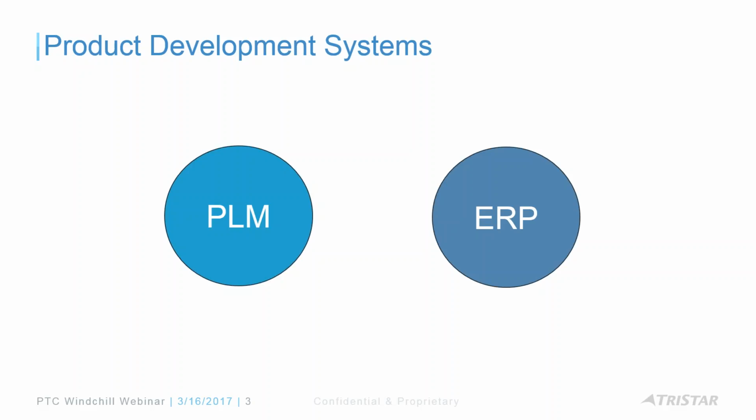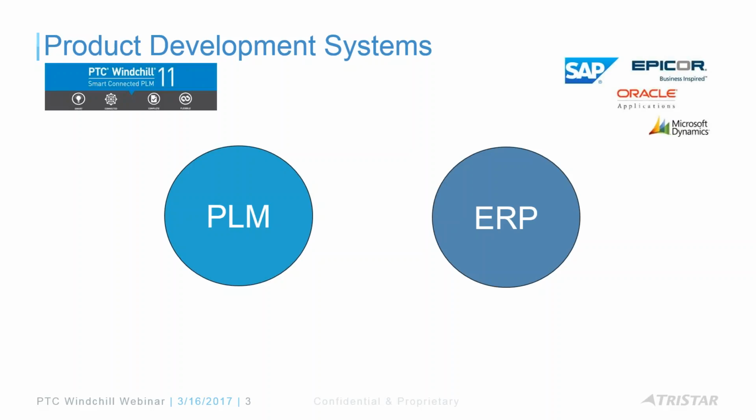And then most companies have some type of ERP system in place, whether that's from one of the main ERP vendors or some custom developed system that works in your type of business. And with Windchill, in general, we can actually communicate with a lot of systems.